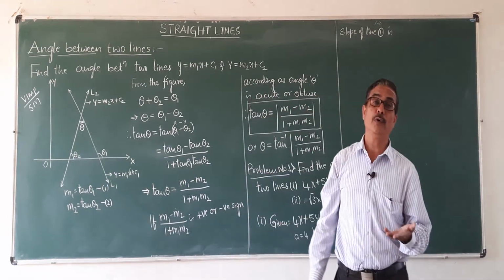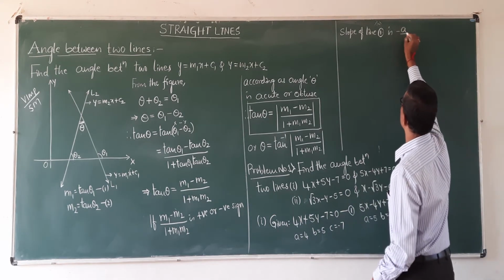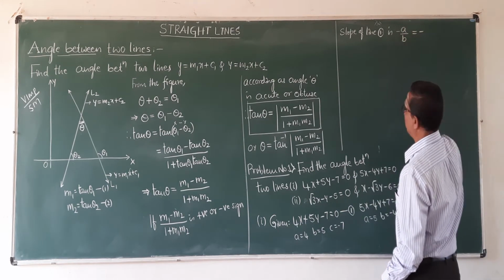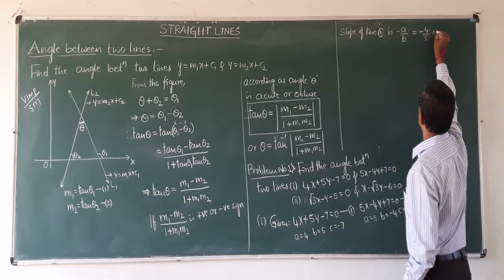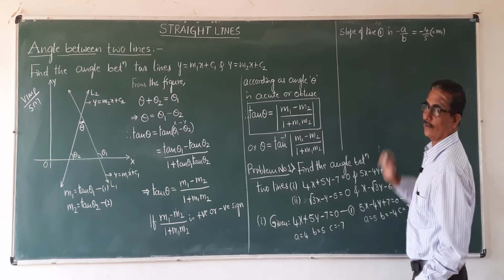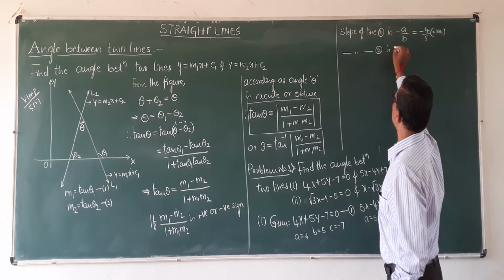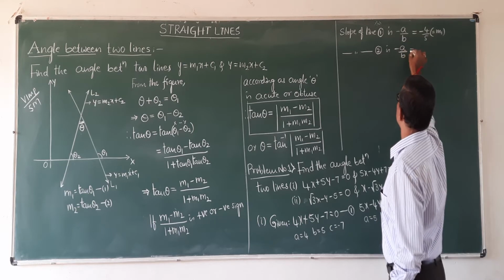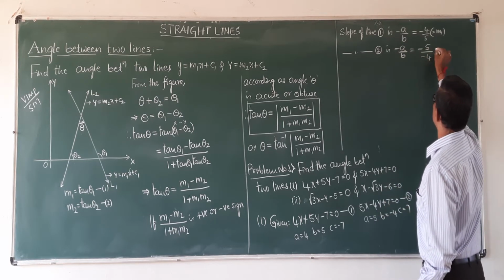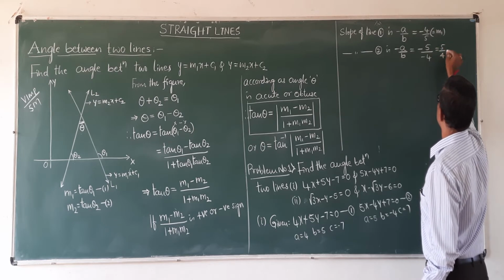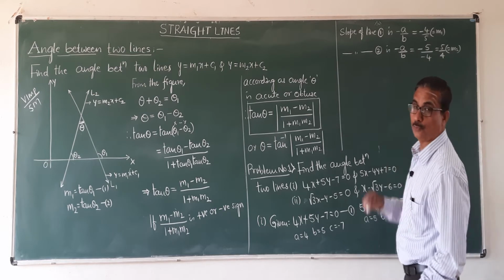You know that slope of line ax plus by plus c is equal to 0 is given by the formula minus a upon b. Minus a value 4, b value 5, call it as m1. Then slope of line 2, same formula, minus a upon b. Minus a value 5, b value minus 4, minus into minus plus 5 by 4, call it as m2. We got both the slopes.